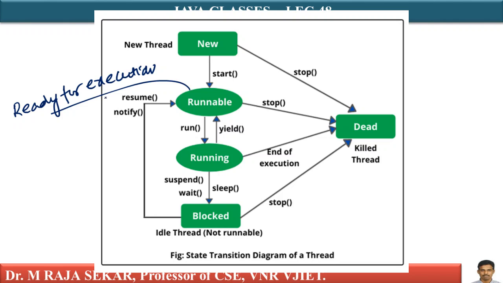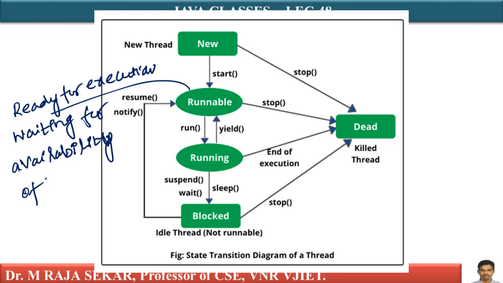If a thread is ready for execution and if the thread is waiting for the availability of processor, that's what availability of processor means. Then the thread is said to be in runnable state.